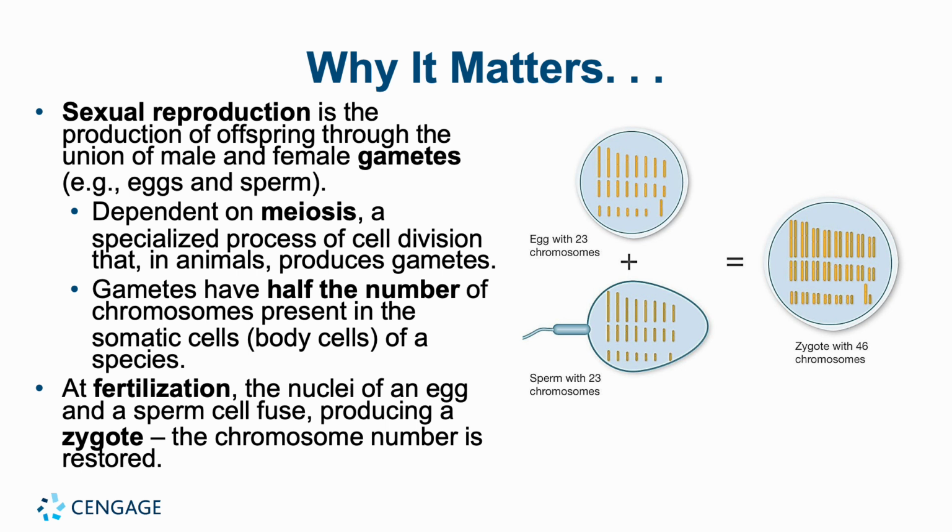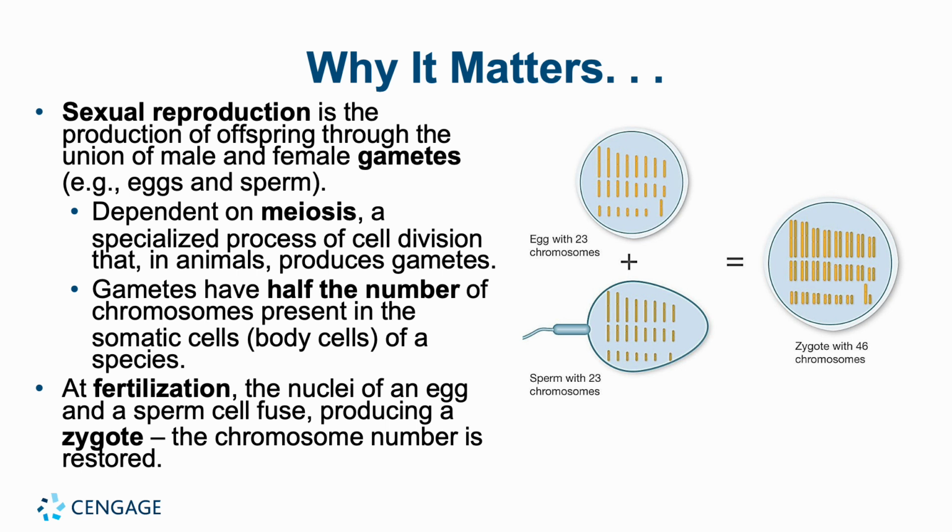So the egg cell contains 23 chromosomes, and then the sperm cell also contains 23 chromosomes. And when they are united together, or when they undergo fertilization, it will produce a zygote with 46 chromosomes.